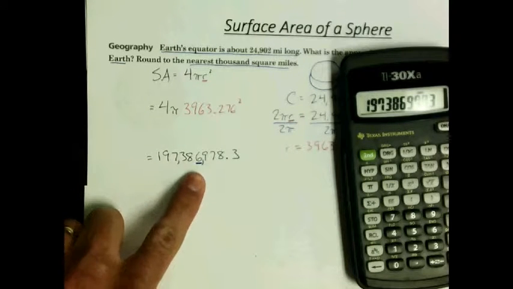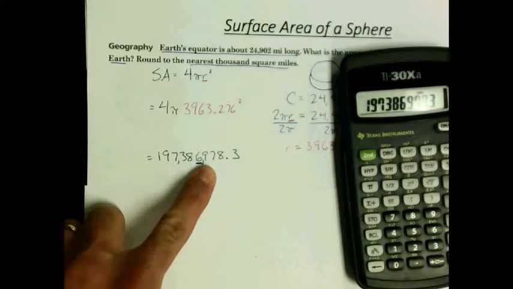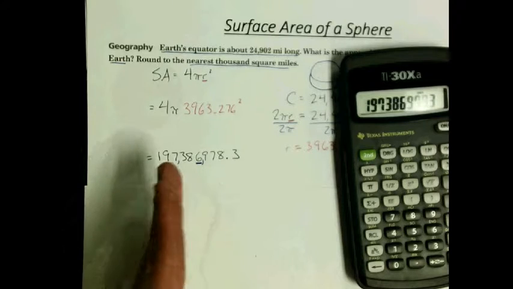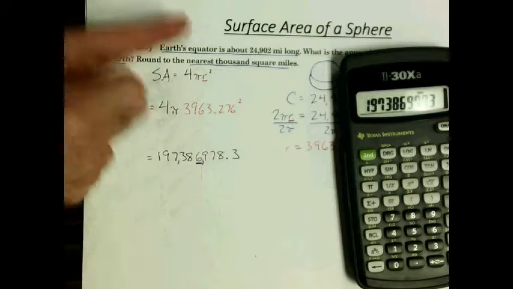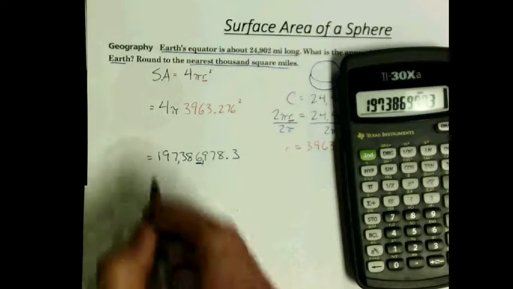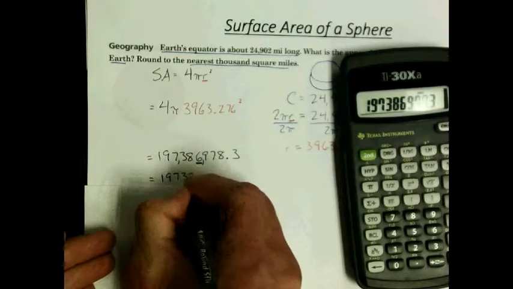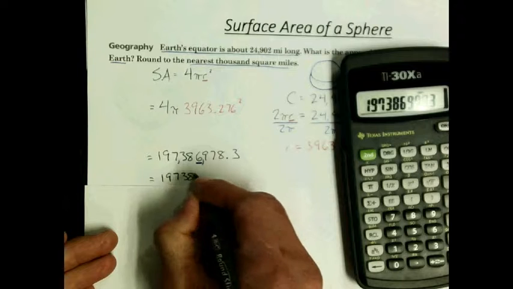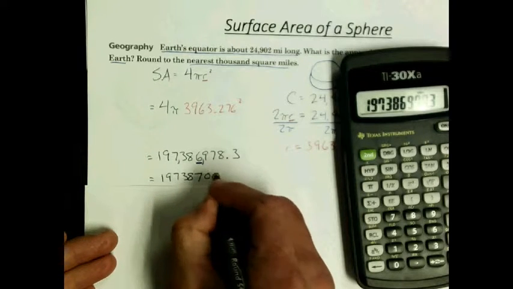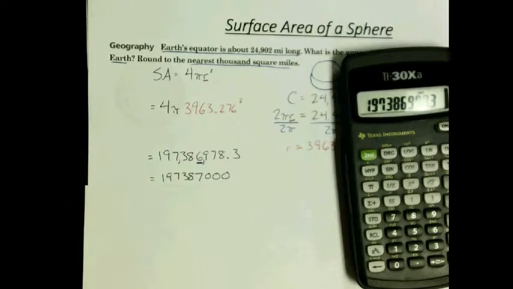So notice it's the digit 6. That means that digit 9 is going to round that digit 6 up, okay? So that's our goal in mind. So what we're actually dealing with is 197,38_ and this is now 7,000. That is rounded to the nearest 1,000.